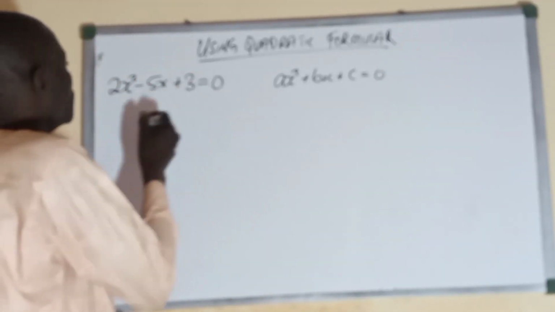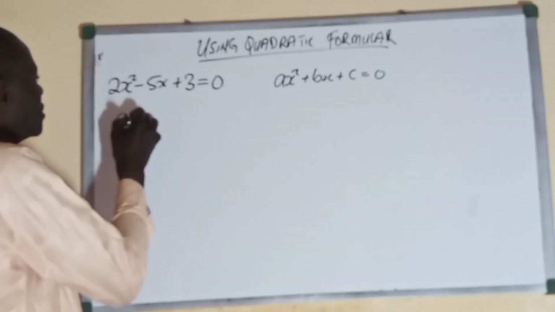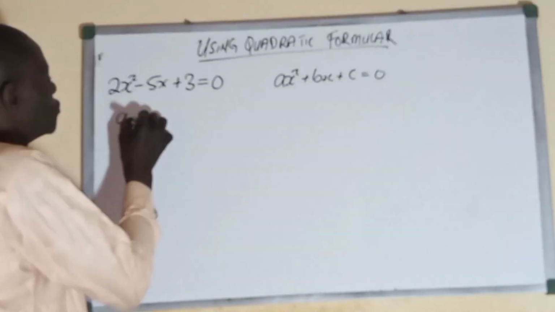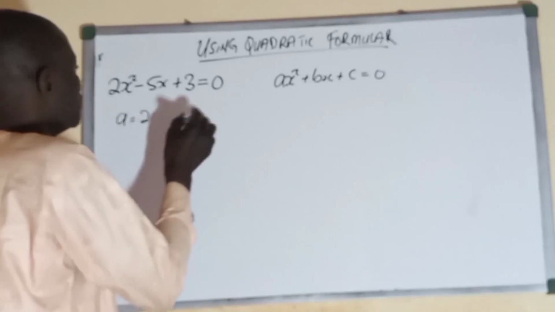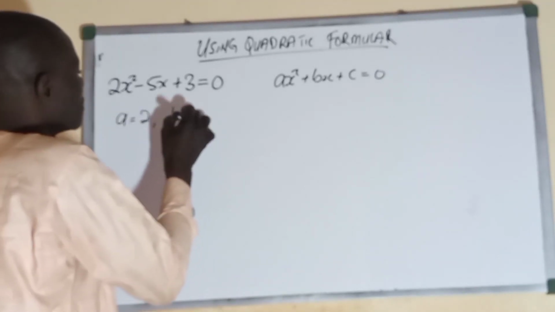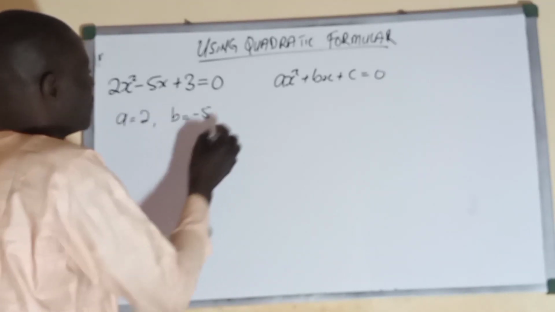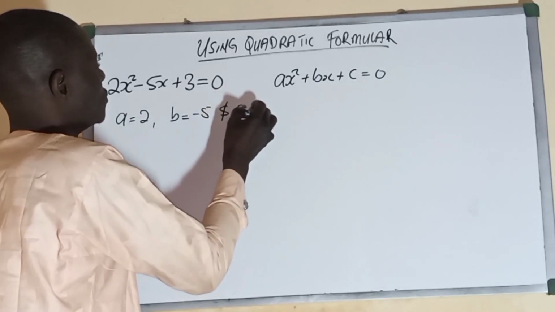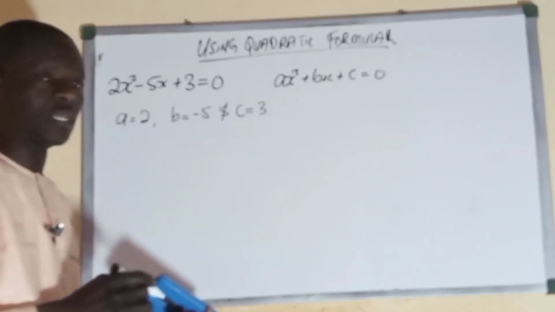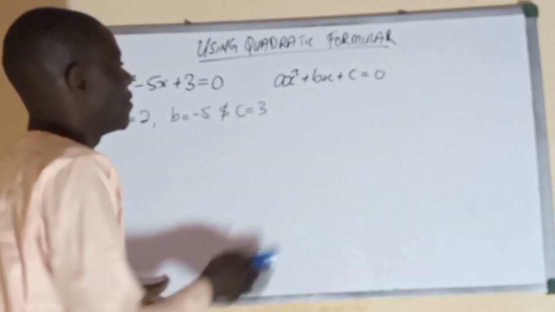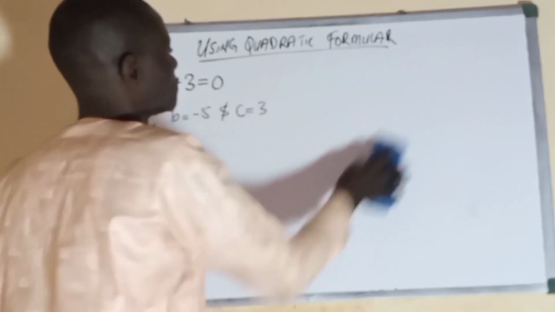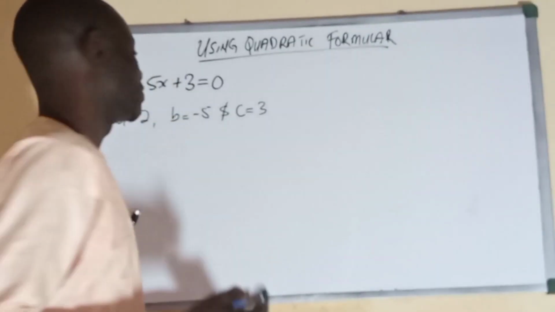So now we can say, okay, a is equal to 2. I hope we are following. Here we have b is equal to -5 and c, which is our constant, is equal to 3. Are we following? So now let us use the formula and see whether we can solve this one.